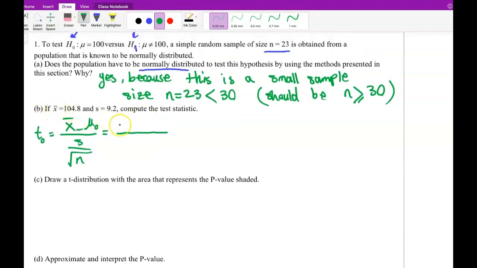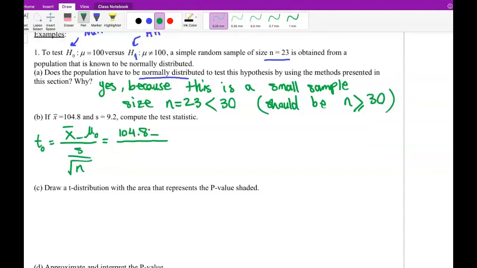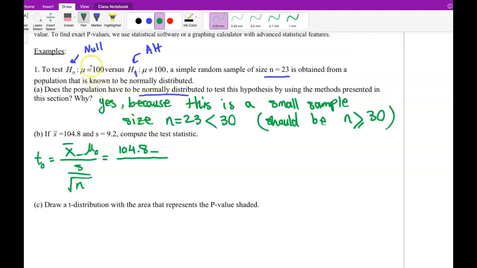Okay, sample mean is 104.8 minus mean is 100. See here, I didn't use 0. That's why I prefer not having the 0 here, because I want to have exactly the same thing, but that's fine.